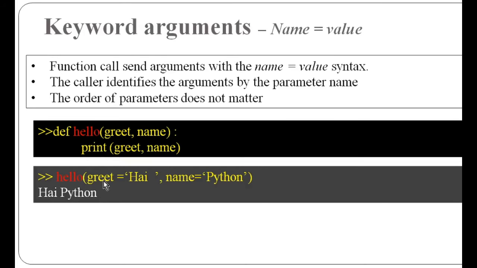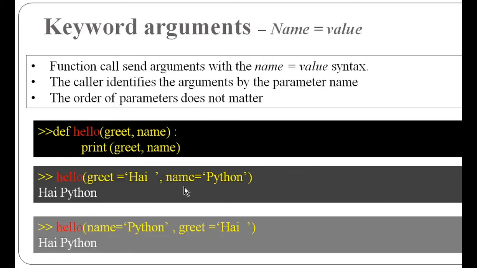I am giving greet is equal to hi, name is equal to Python. So there is no ambiguity here. This value is assigned to that greet argument, Python is assigned to that name argument. So what is the advantage here? You can change the order.